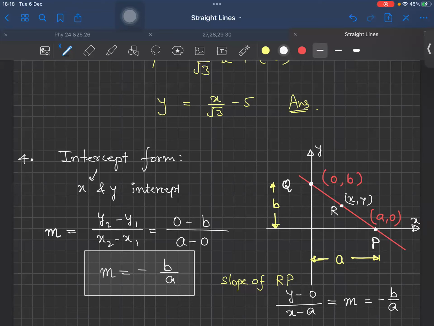Now listen here, slope of this line and slope of this line are equal, right? So first we found the slope of this line, that is this. Now just to find the equation of line, you can write slope of either this line or this line. Anyone you can write, you will get the same answer.